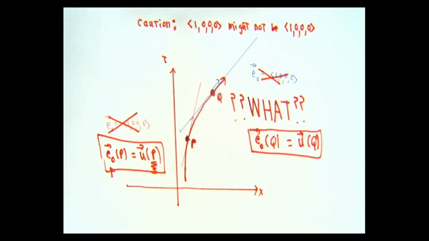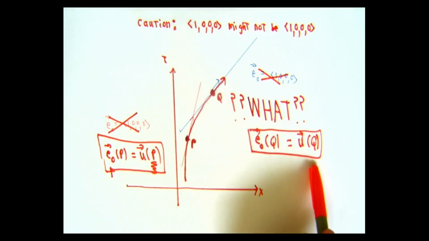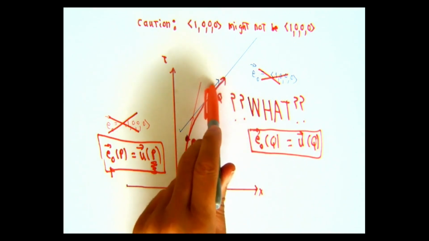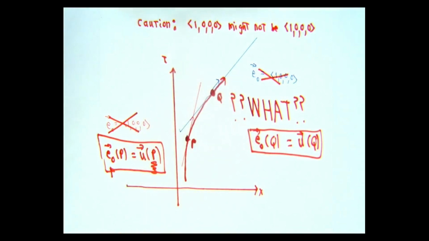Here we should have said the 4 velocity at point Q is the time basis vector in the momentarily co-moving reference frame at point Q. Once you see that, there's no problem. If you don't see this, you'll think that this is a constant and its derivative with respect to something must be 0, but that's not true.